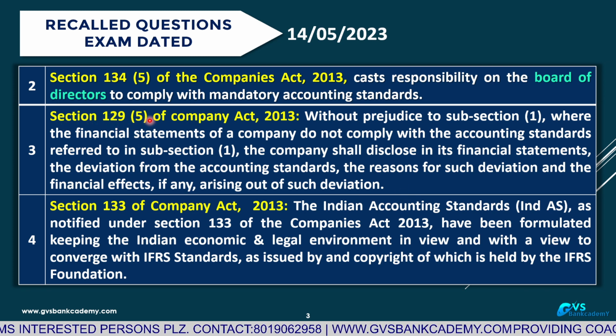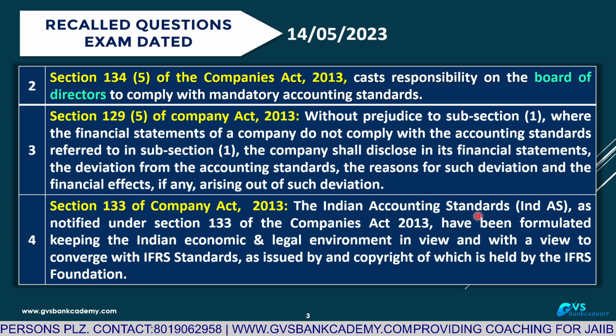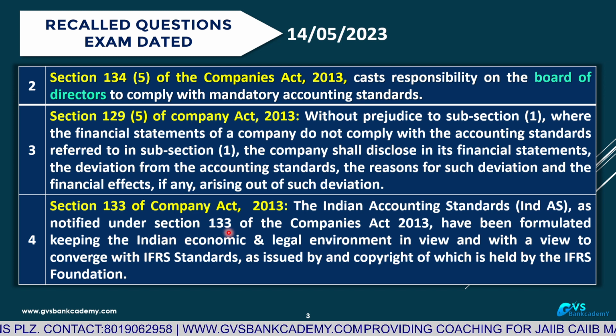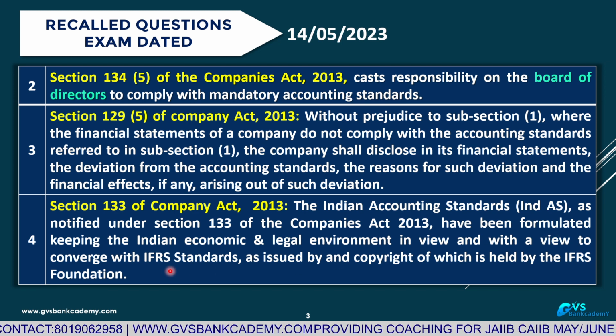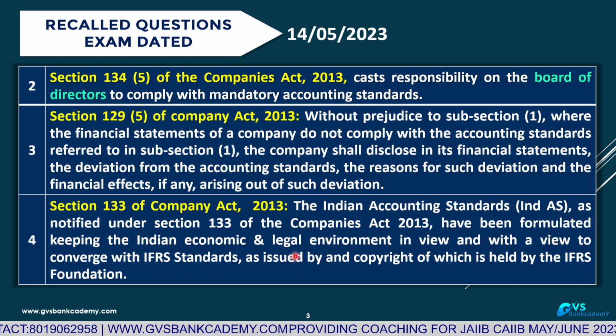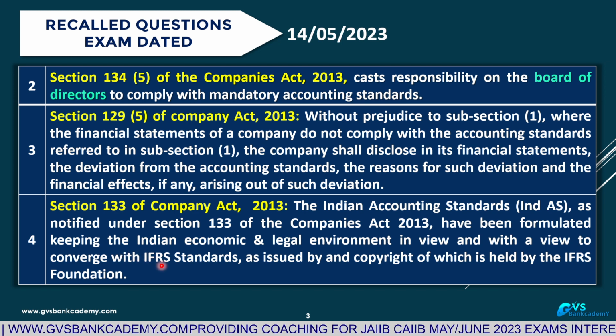Section 129(5). And the fourth question, Section 133 of the Companies Act 2013. Indian Accounting Standards, IND-AS, as notified under Section 133 of the Companies Act 2013, have been formulated keeping the Indian economic and legal environment and globalization in view, and with a view to converge with IFRS, International Financial Reporting Standards.